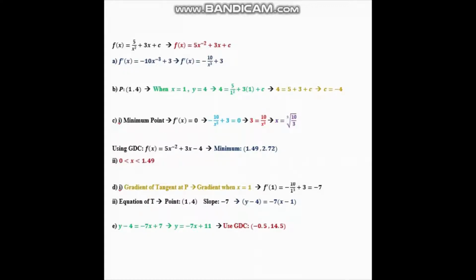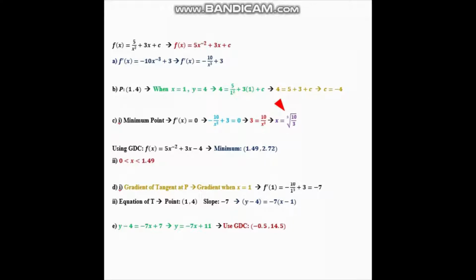So you get a mark for realizing that a minimum point means that f dash of x equals 0, and then setting the equation of f dash equal to 0 and attempting to solve using algebra or using the GDC after you've written this equation down. Hence your x equals cubic root of 10 over 3.